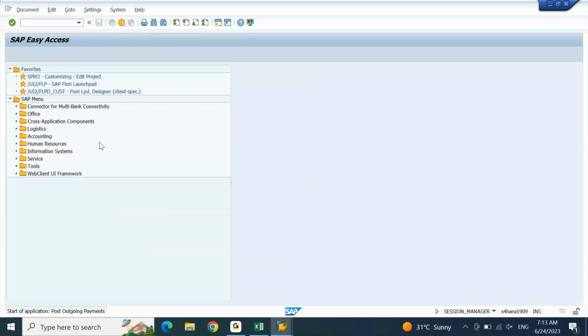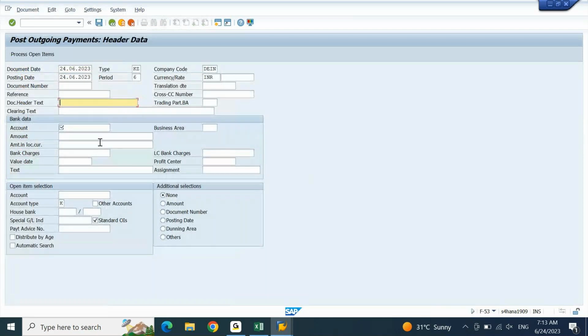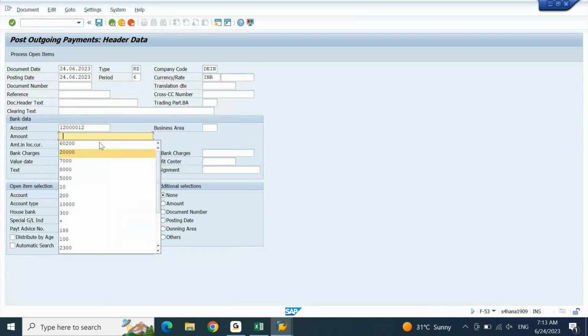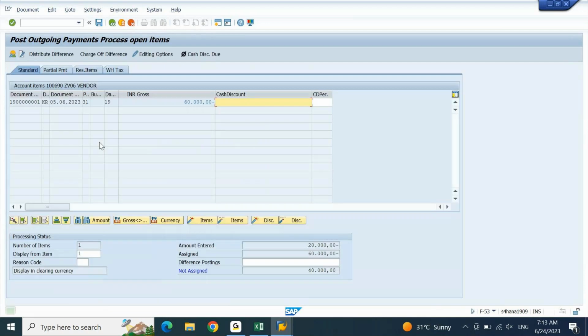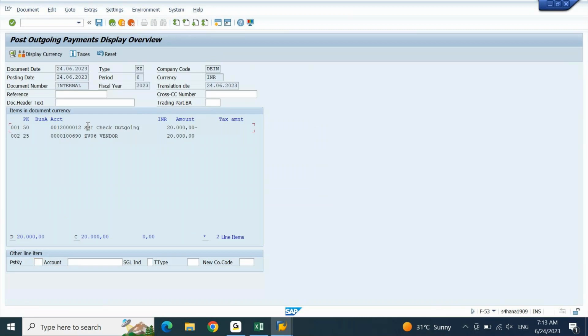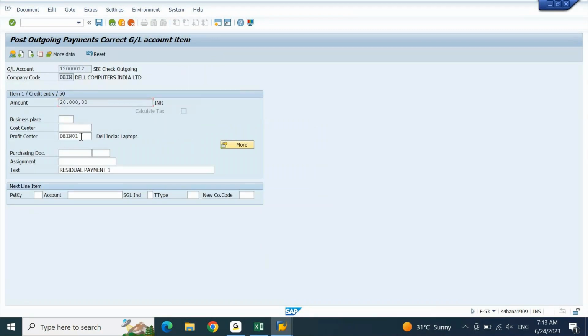F-53. Now I am going to try only with on account payment without referring any invoice. I'll take somewhere around 20,000. I'll put profit center. I'll select vendor account, but I'm not selecting any of the existing invoices. Instead, I'll take the complete amount into on account. I'll click on simulate. Let's make sure we have given profit center for the bank account.